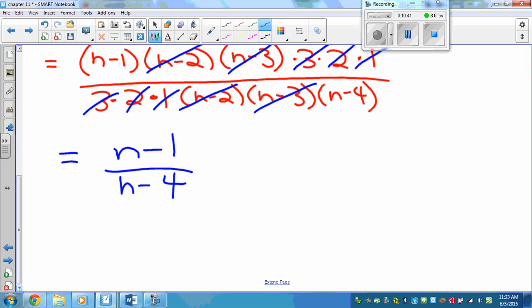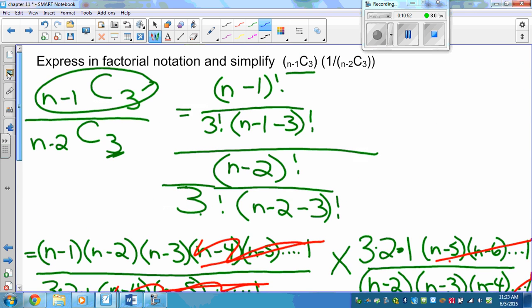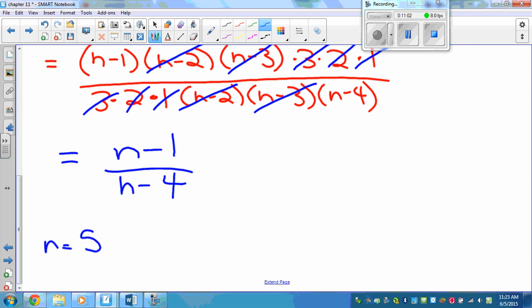Okay. One of the things that you could do to check this is you could sub in n equals 5. So in my calculator, I could put n as 5, sub in my original, and make sure it's the same as my simplification. So if n was 5, this is just a check here.